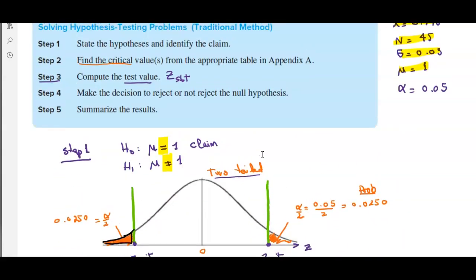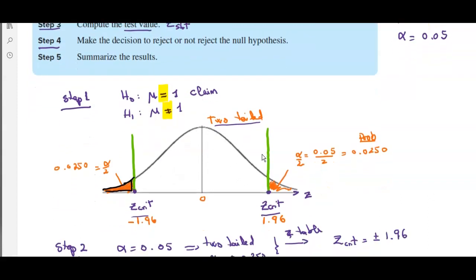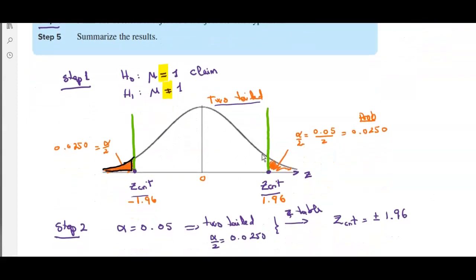Okay, so we get the z statistic, we get the z critical. So right now we can go and make a decision. All right, so we might need a chart here. The story that we didn't finish is that if I am in between these two thresholds, do not reject H0.